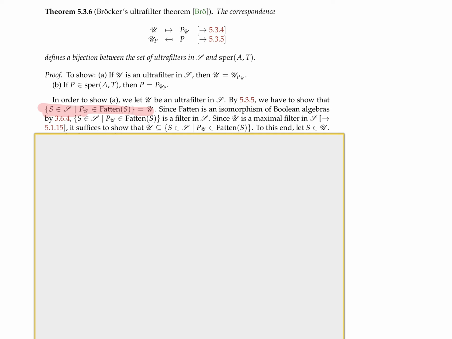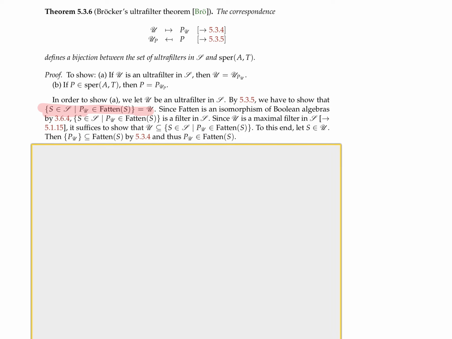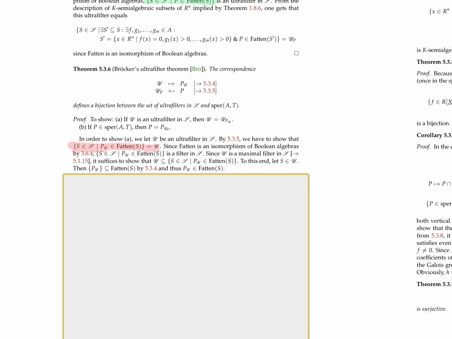Okay, we have to show U is contained in this. Well, to this end, let S be in curly U, and we have to show PU is in the fattening of S. But by 534, the fattening of S is one of the sets in the intersections in 534, the other lemma, right?